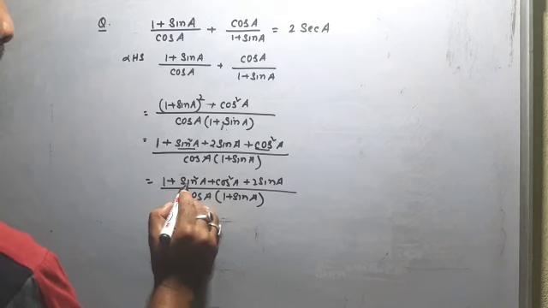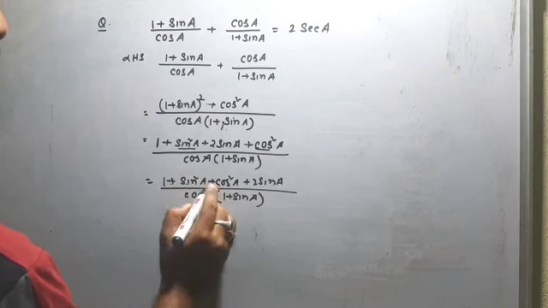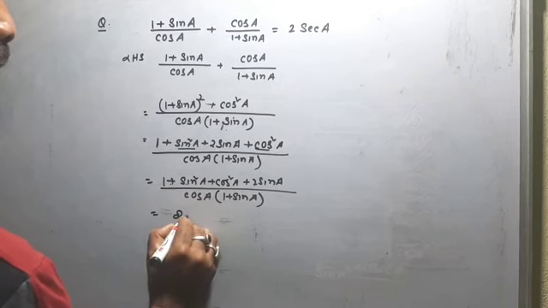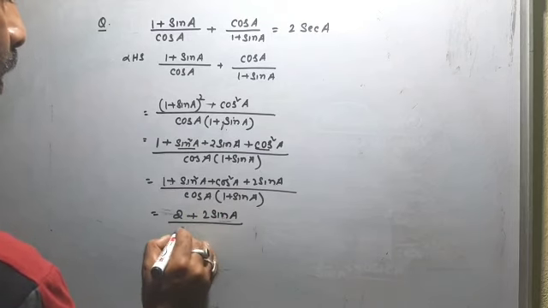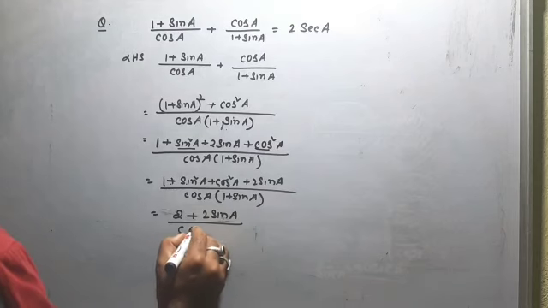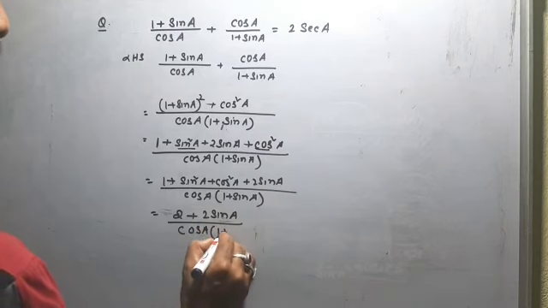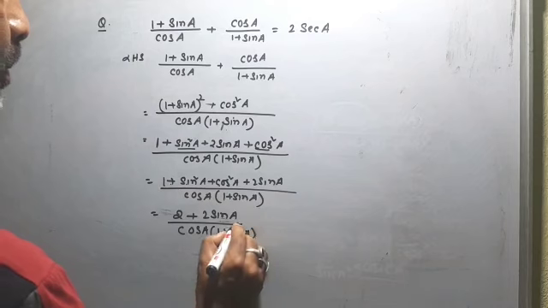So here sin square plus cos square equal to 1, so 1 plus 1 is 2, plus 2 sin a by cos a and 1 plus sin a. Clear?